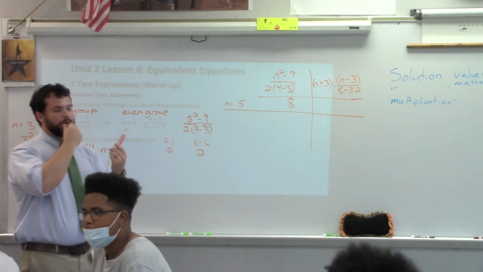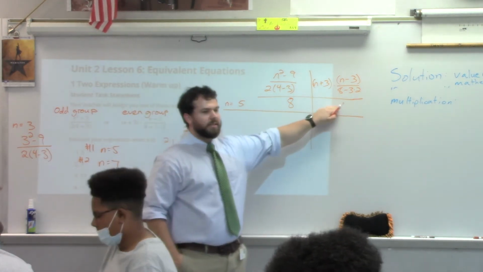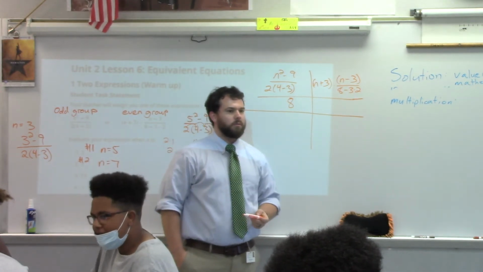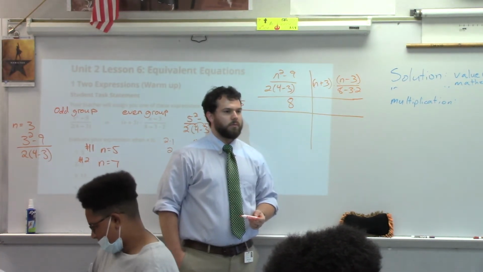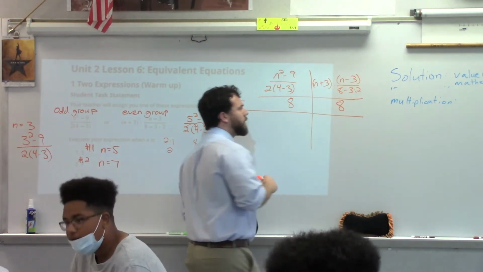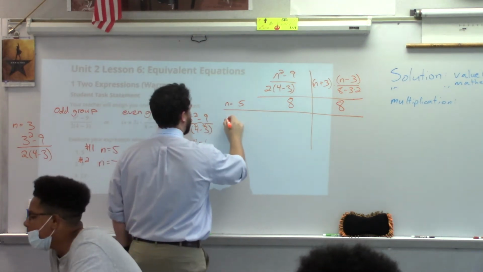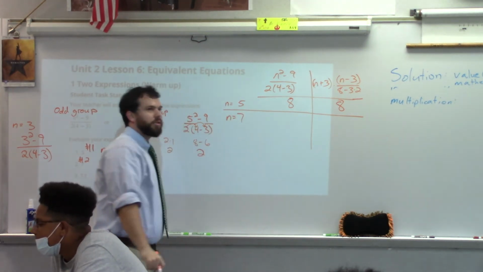Someone in group 2, what did y'all get when n equals 5 for that second expression? 8 again? Interesting. Those are different expressions, but we're getting the same value. Hold on, n equals 7.